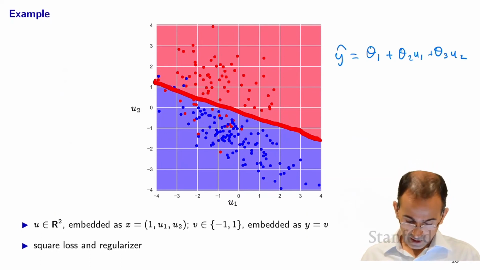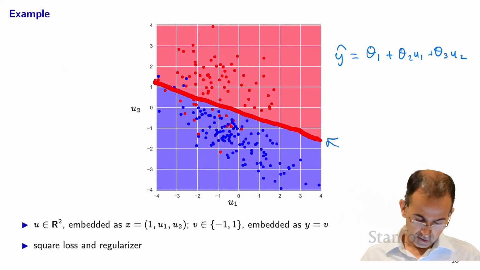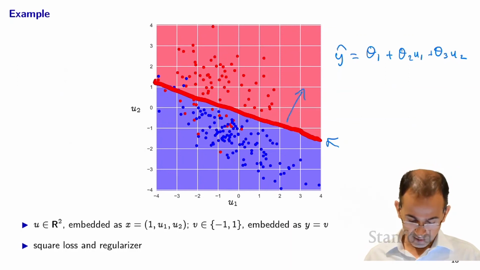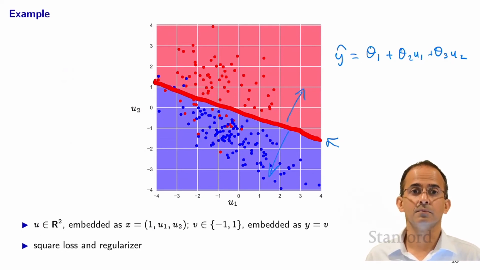And this line right here is the u1s and u2s which result in y hat being 0. Over on this side we have y hat positive, and over on this side we have y hat negative, and our un-embedding maps that to 1 and minus 1 to give us a classifier.